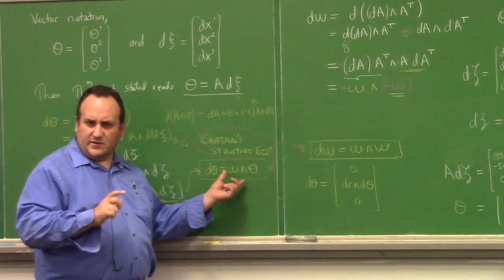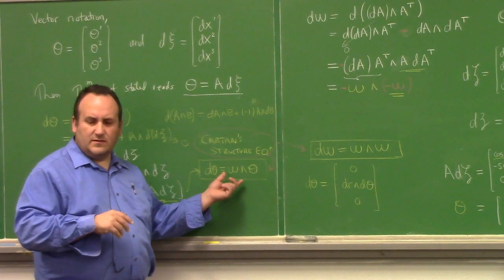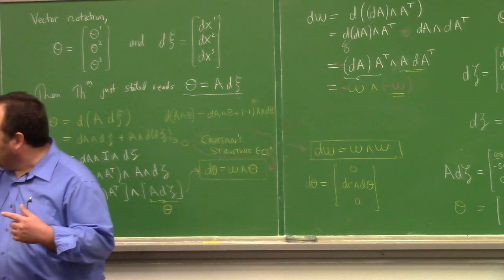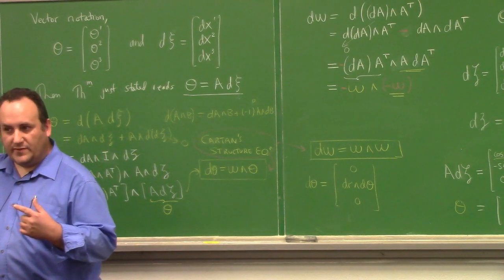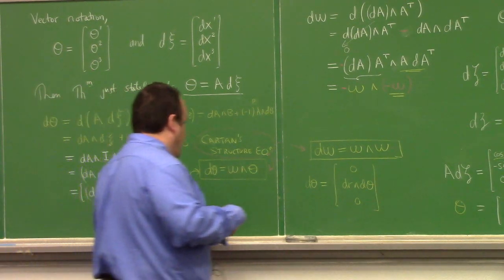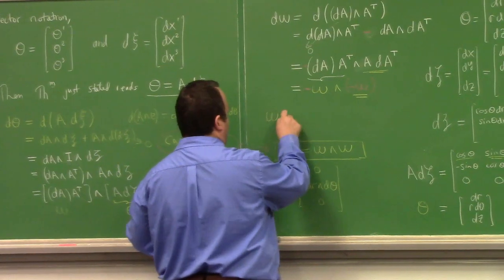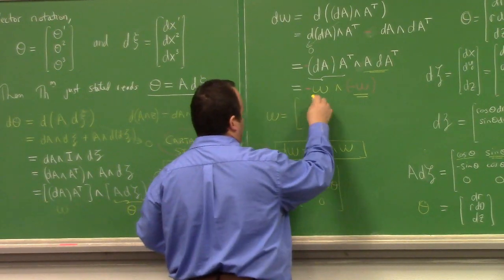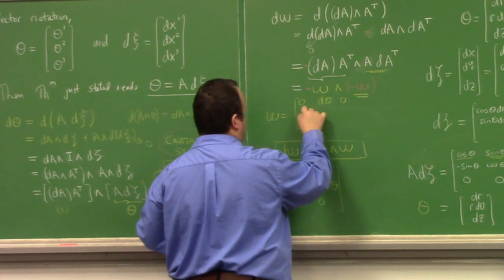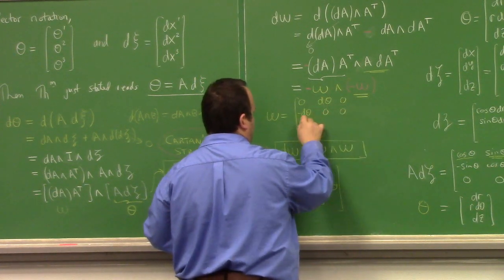I have some of that in the notes, but it's tricky. Of course, we can calculate omega directly from our dA wedge A transpose formula, right? And what did I find that omega was for the polar frame? Remember? It's relatively simple. It was like 0, d theta, minus d theta, 0. I can't remember. Is it exactly that?